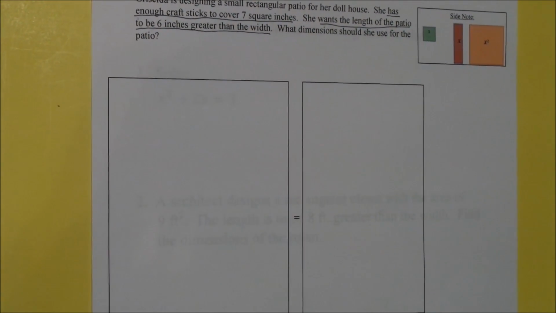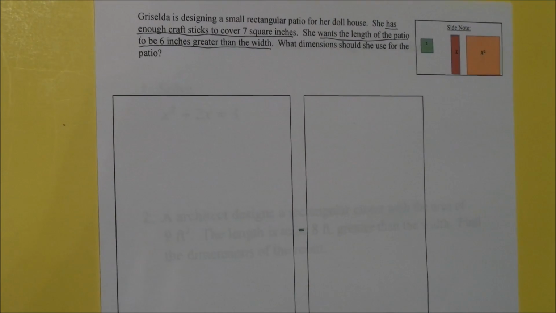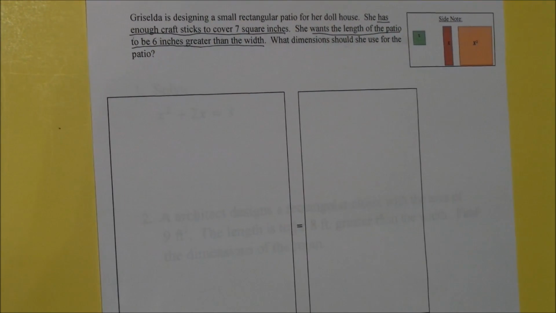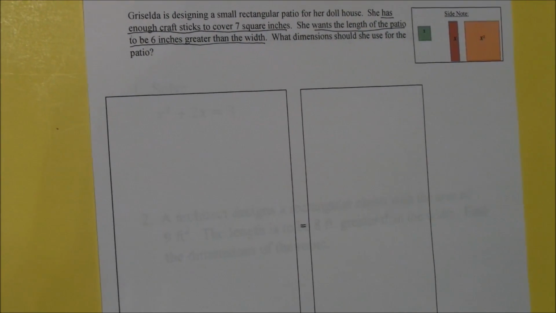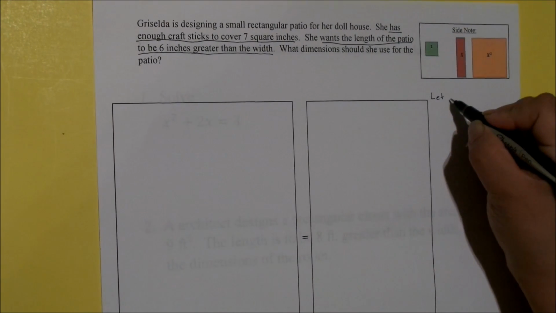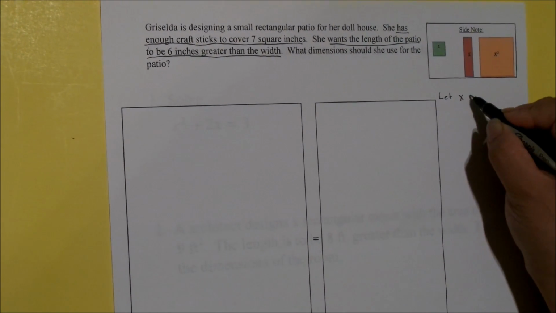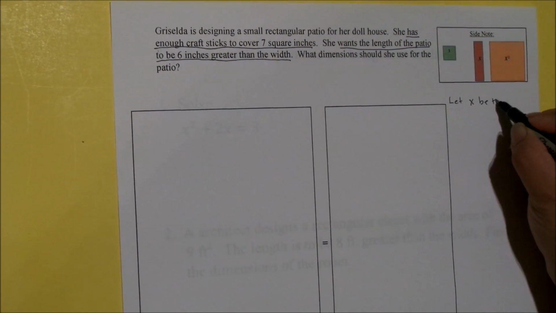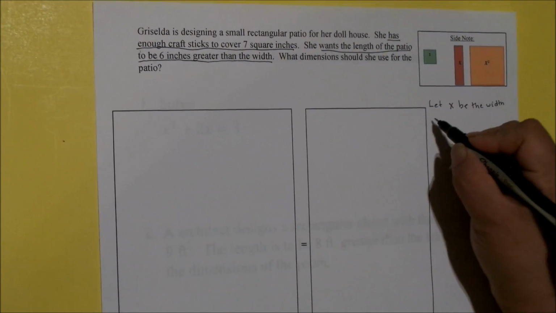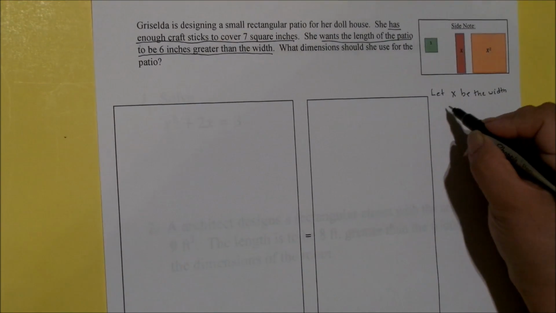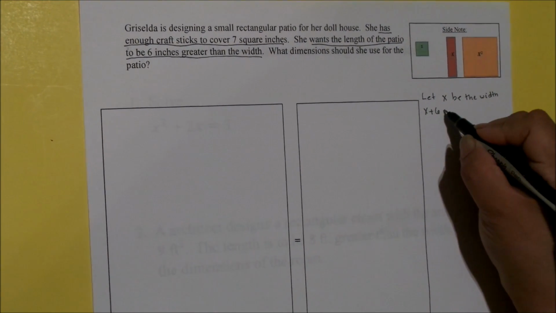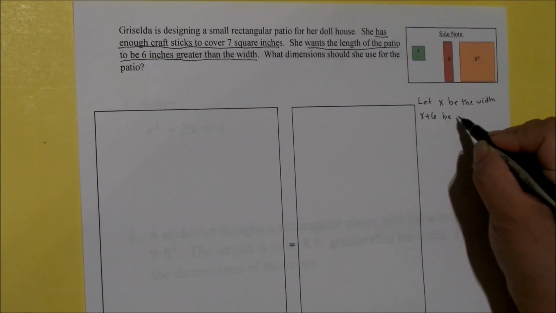Now let's set up an equation for the area of a rectangle equal to 7, which is the area of the patio. We let x be the width and x plus 6 be the length.